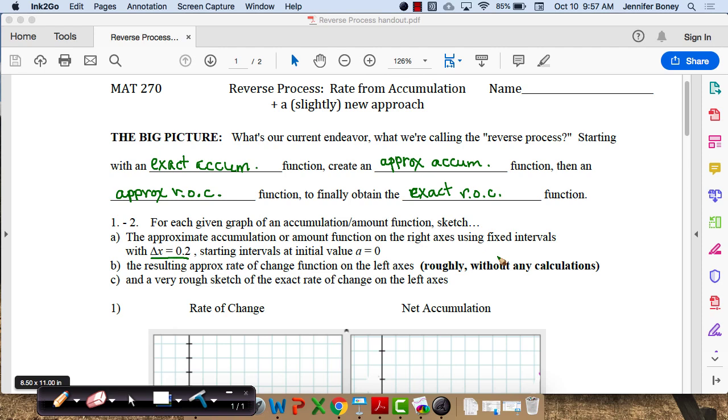So take a couple minutes and just do this, connect the dots to come up with straight line segments that are the appropriate interval width, delta x equals 0.2. The x-axis is labeled, the y is not. Don't worry about the y values other than positive versus negative, or increasing versus decreasing.